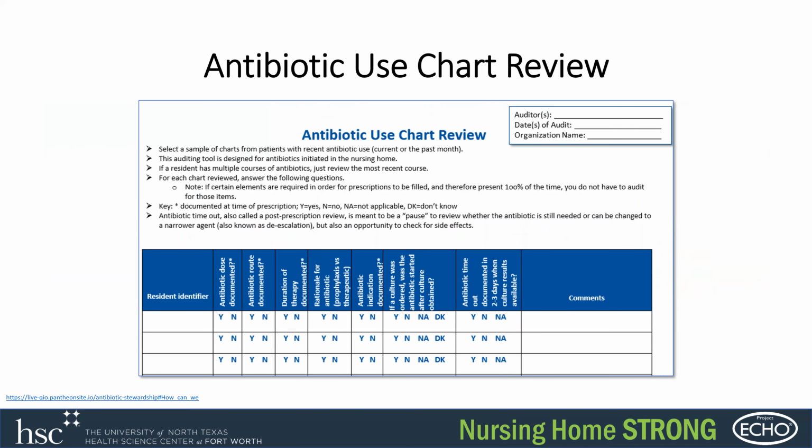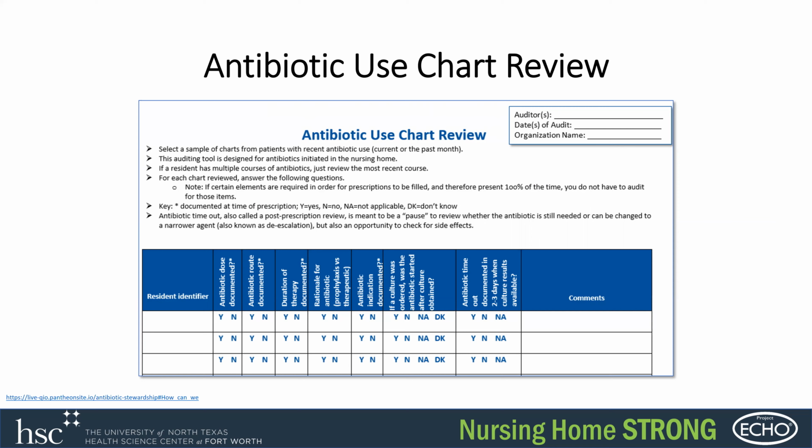Another great way to continue to understand what's going on within your home is to perform a chart review. I think you all are probably pretty familiar with this. Again, this is a tool that you can use to do that. It's pretty straightforward. In terms of process, you just select a sample of charts from patients with recent antibiotic use, either current or in the past month.